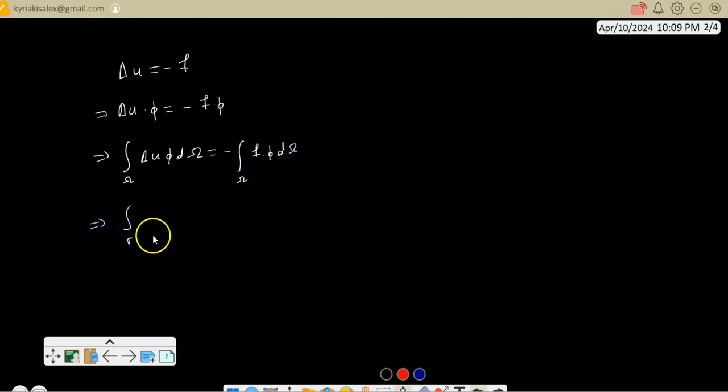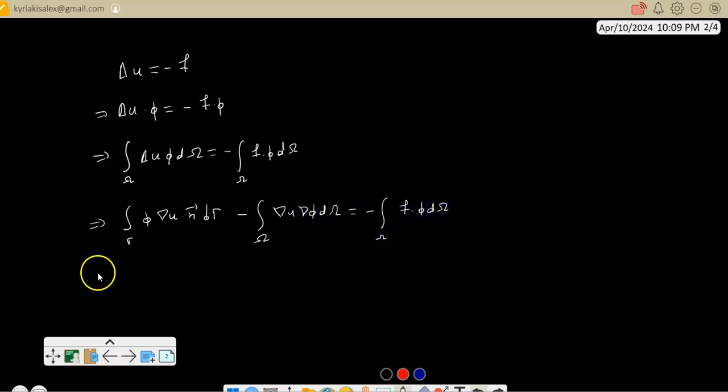So I have the boundary integral of the function phi times the gradient of u times the normal vector, the outward vector associated with the boundary of omega, minus the integral over omega of grad u grad phi d omega equals minus the integral over omega of f times phi d omega.